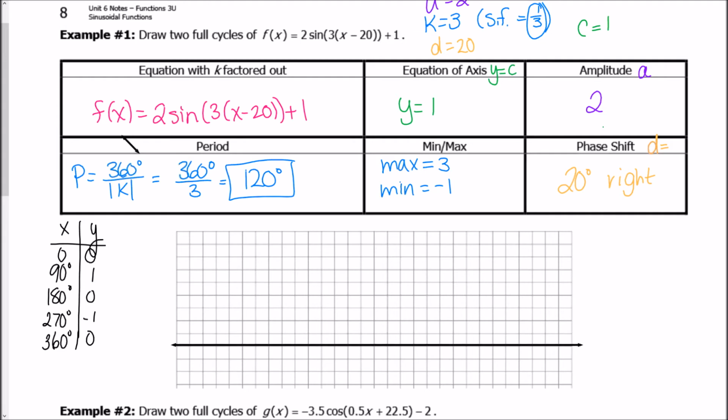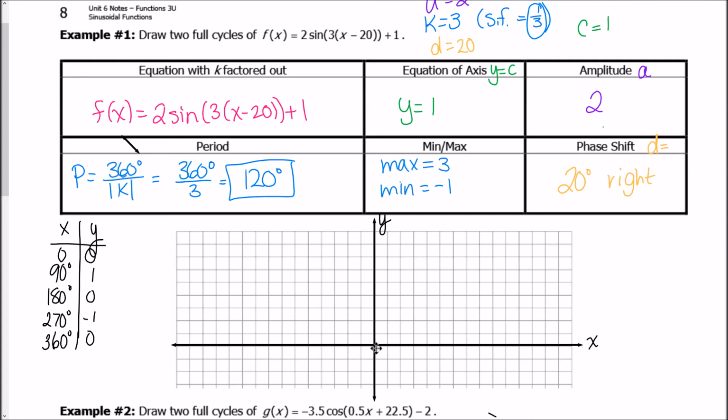Okay, and then my y-axis I'm just going to draw right in the middle, because even though we need to have 2 full cycles, I want to show it in both the positives and the negatives. Okay, so if you guys notice right here, we need to label this right here x, and we're going to label this right here y. Okay, and we need to complete a full cycle in 120 degrees.